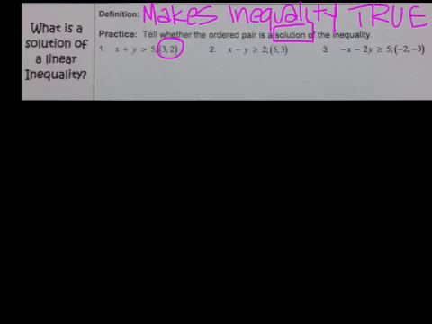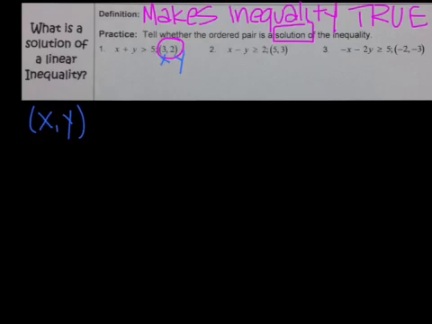Remember, in an ordered pair you've got two numbers. The first one is the x and the second one is the y. So on number 1, we are plugging in 3 for x and 2 for y. We're going to substitute those values in and see if it makes a true statement or not.